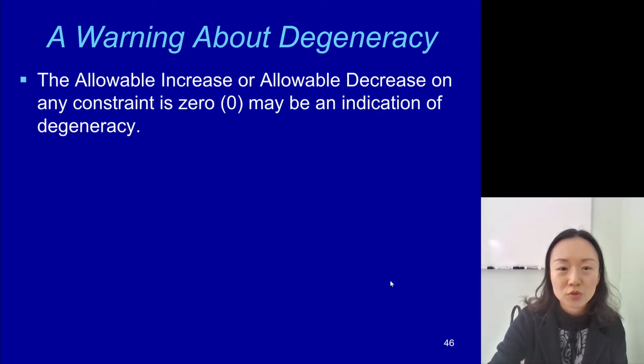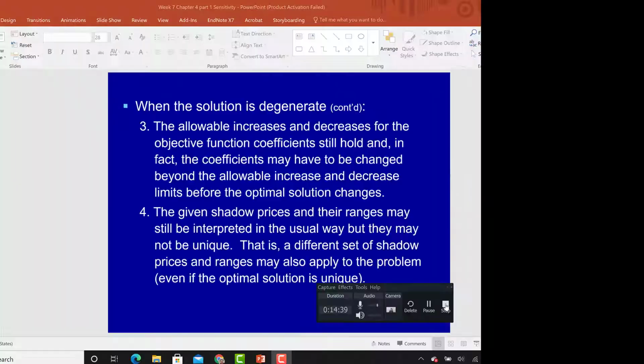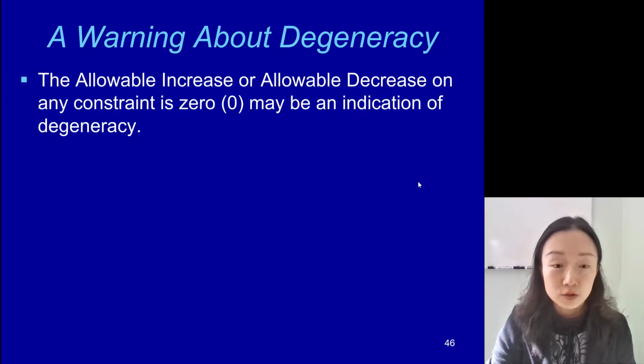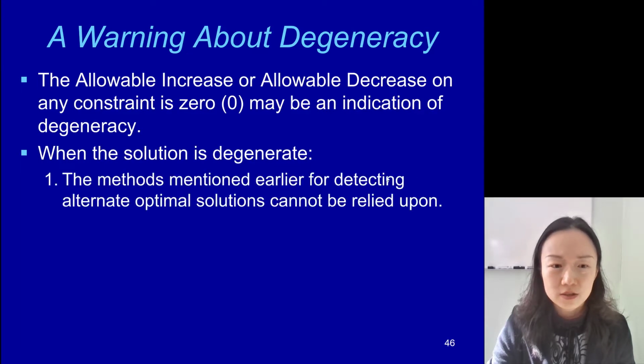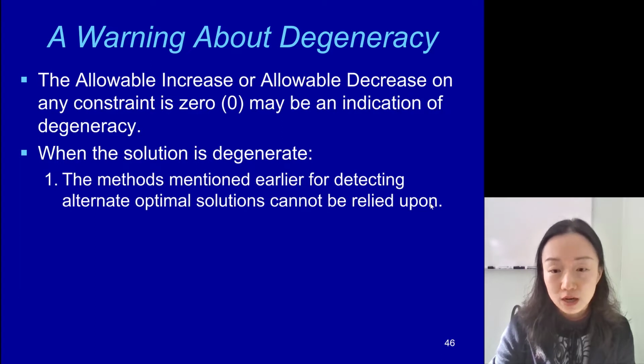So about the degeneracy, an allowable increase or allowable decrease of 0 on any constraint right-hand side is an indication of degeneracy. When a solution is degenerate, the method that we mentioned earlier for detecting alternate optimal solutions cannot be relied upon.